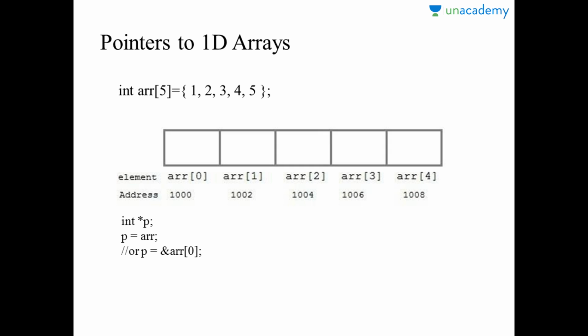Now ARR is containing the address of ARR[0], that is 1000. If you write ARR, you'll get 1000, and if you write &ARR[0], you'll still get 1000 as the address. In short, ARR now has two purposes: it is the name of an array and it acts as a pointer pointing towards the first element in this array.